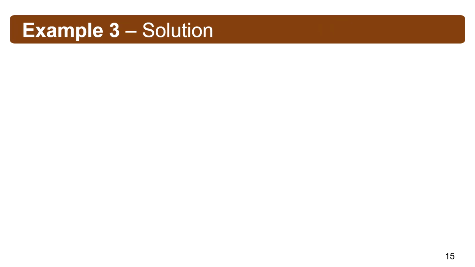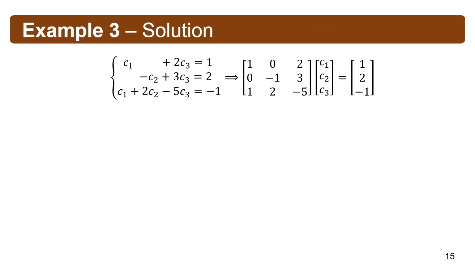So writing this as a linear system, we create now the augmented matrix for us to solve C1, C2, and C3. What you see here is just writing it into a matrix equation, and for this equation, we're looking for the values of C1, C2, and C3.